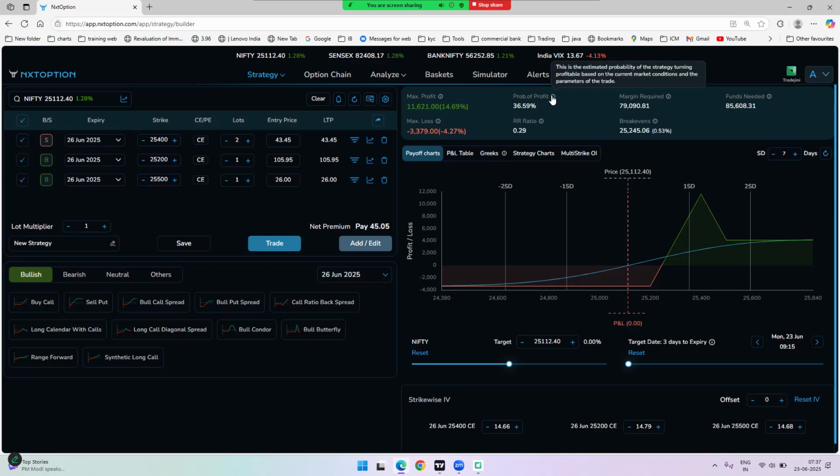Then there is the probability of profit, which is the possibility of profit in the strategy at the current level, considering various other factors. If this POP is higher, it is good for the traders, but at the same time your risk reward ratio will not be that favorable. That is, your losses will be higher and profit will be lesser if the POP goes up.